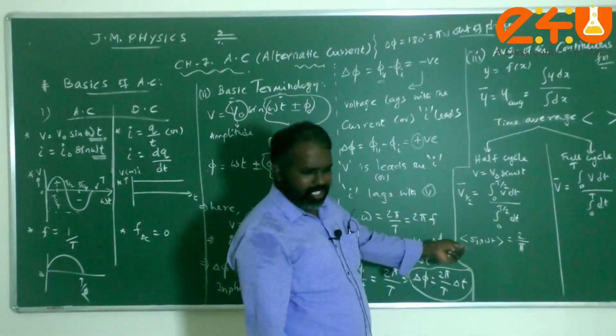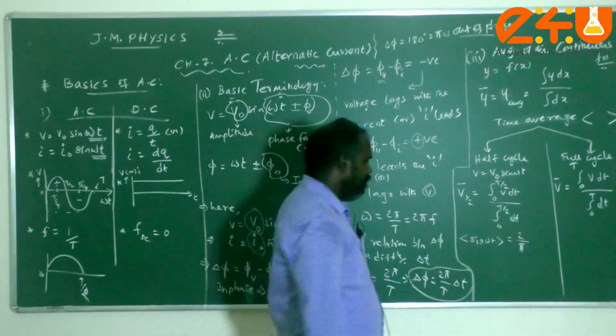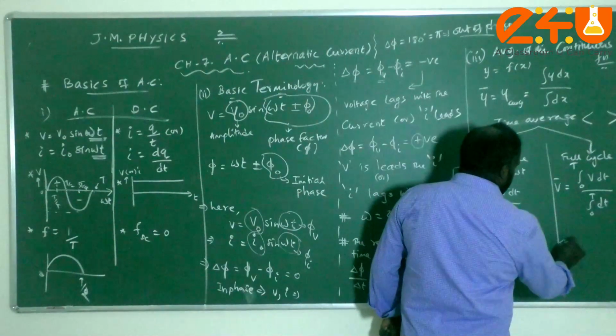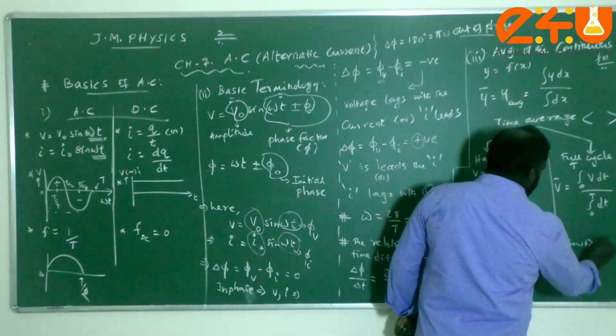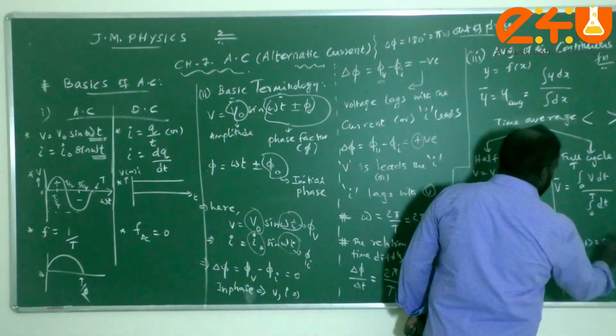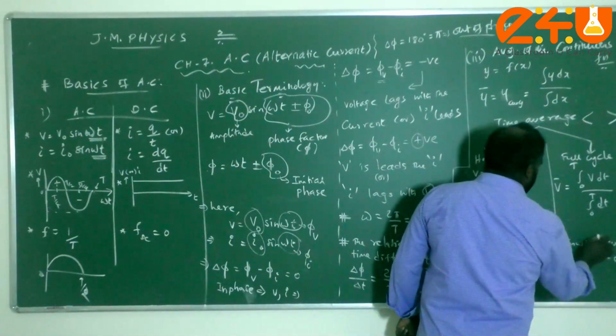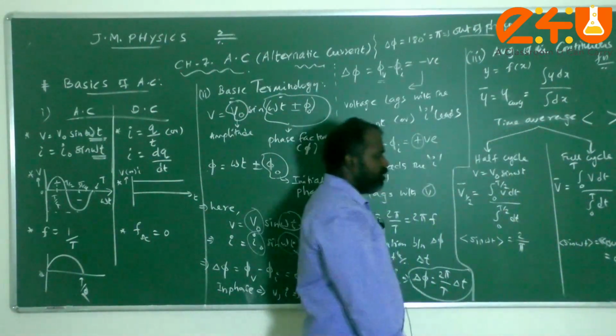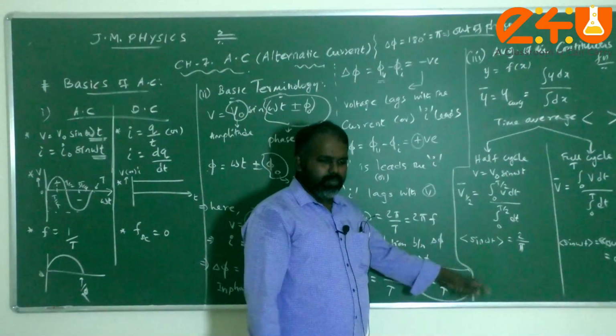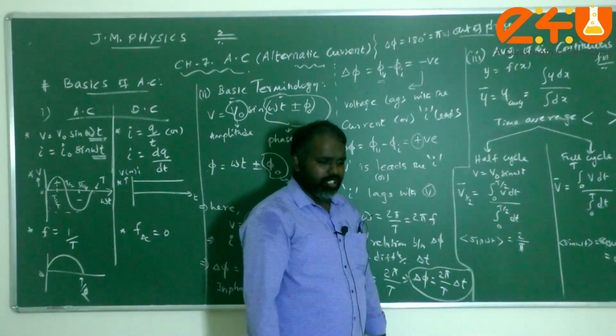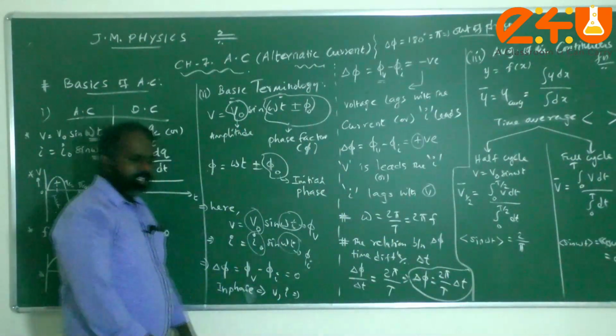And the full cycle average of sin omega t or cos omega t is equal to 0. I will do one example sum for better understanding of the concept. Please kindly note down the theory, students.